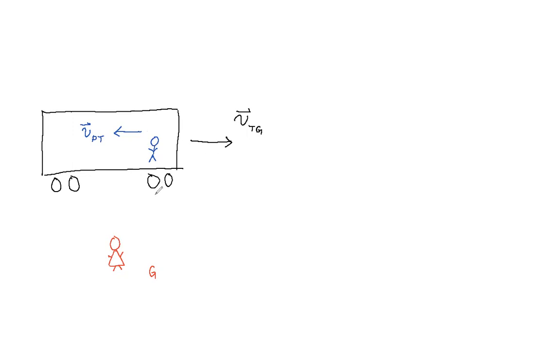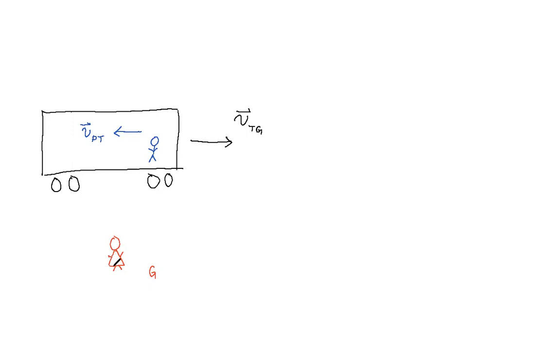Now it is meaningful to ask, from the perspective of the person on the ground, what is the velocity of this person who's on the train as observed from the ground?